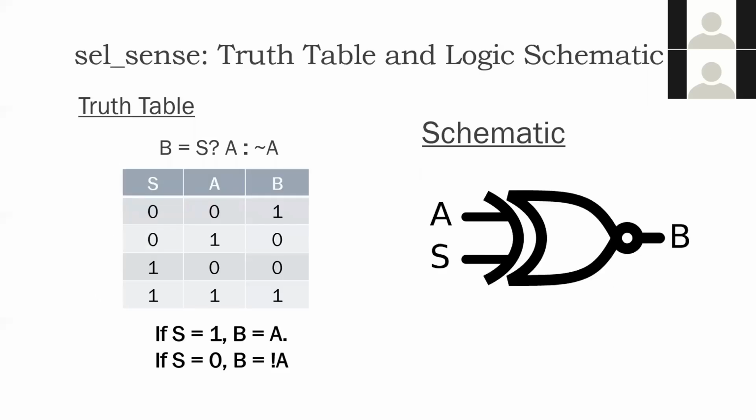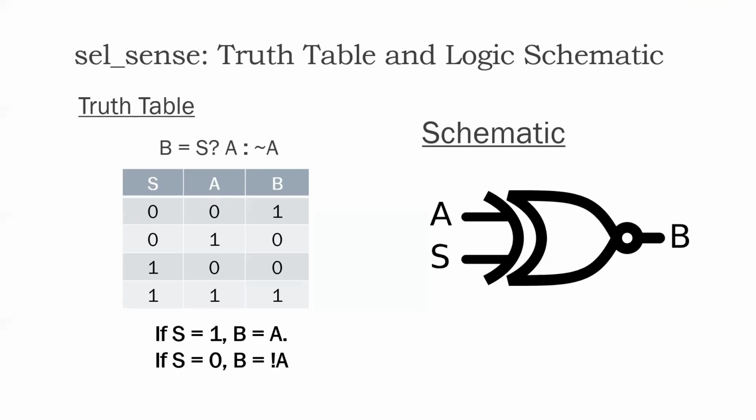If you were to do this manually, you would not actually need to write any Verilog code. You could simply put together a truth table. The truth table is shown here, and you can see that whenever S is 0, B is inverse of A, and when S is 1, B is equal to A. It's immediately apparent that this is the truth table for the 2-input XNOR gate.